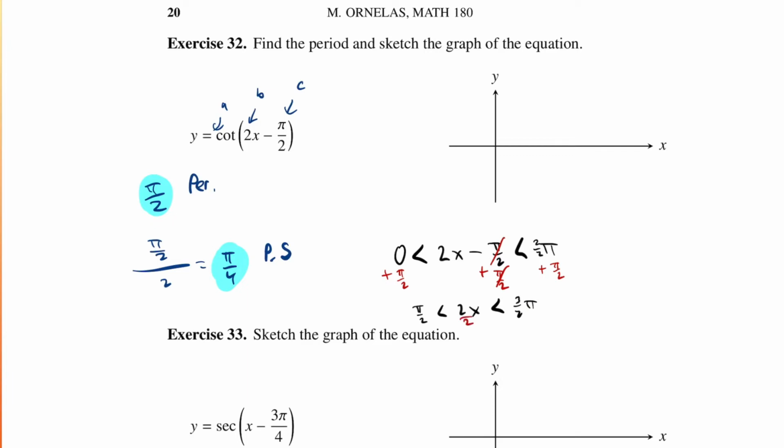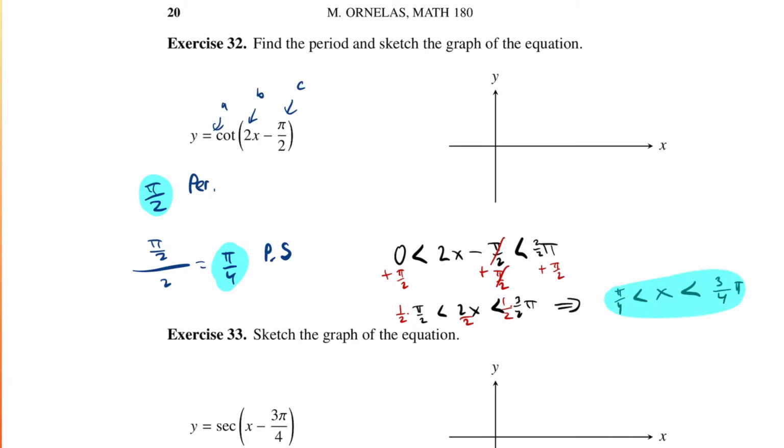Divide by 2, which is the same thing as multiplying by half, and you're going to end up with pi over 4 less than x less than 3/4 pi.